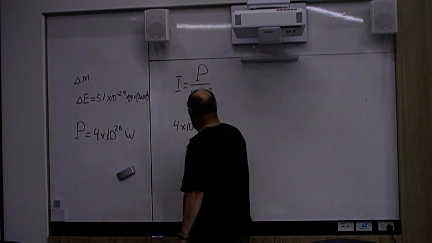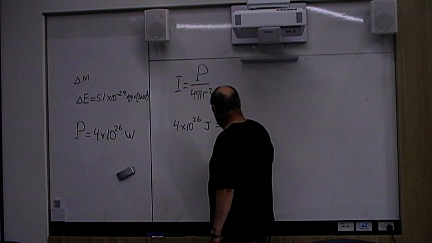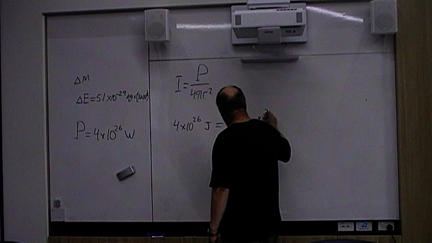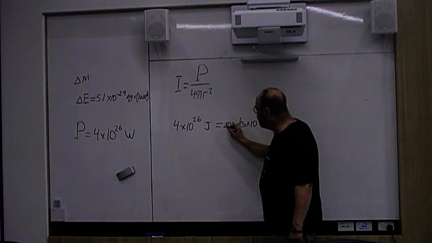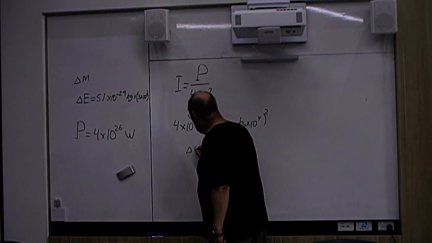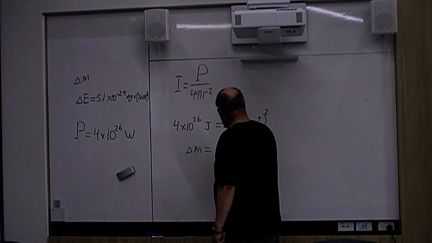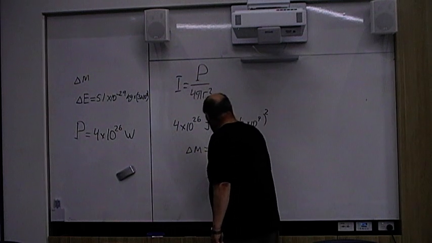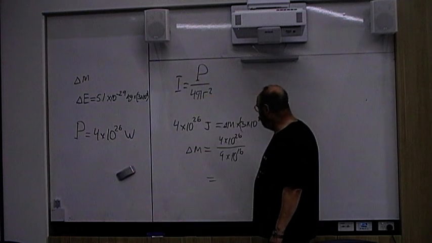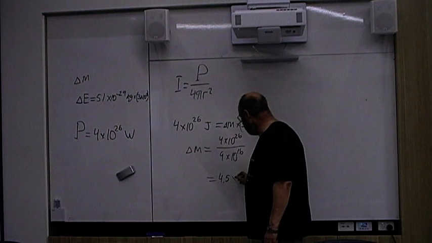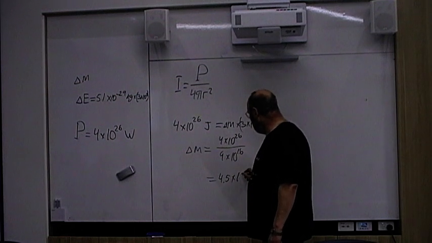So in 1 second, it loses 4 times 10 to the power of 26 joules, how much energy it emits, equal to mass times (3 times 10 to the power of 8) squared, delta M, how much mass the sun loses. So delta M will be equal to 4 times 10 to the power of 26 divided by 9 times 10 to the power of 16, which is about 4.5 times 10 to the power of 9 kilograms.